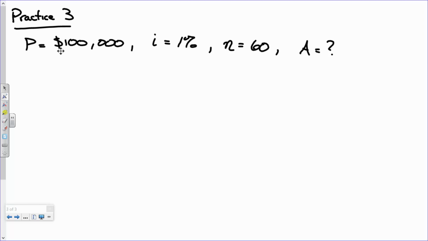Anybody got an answer? 2240? Let's see. So, okay, I've been given a present value. I need to convert that using the appropriate discount.